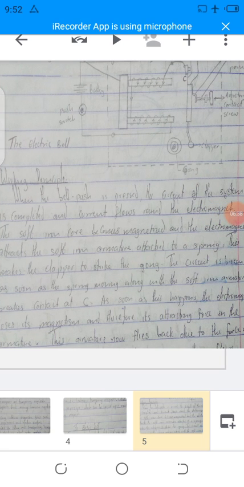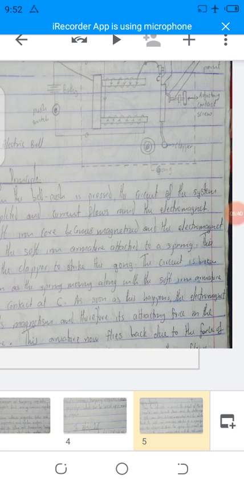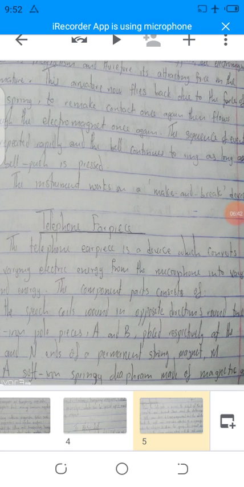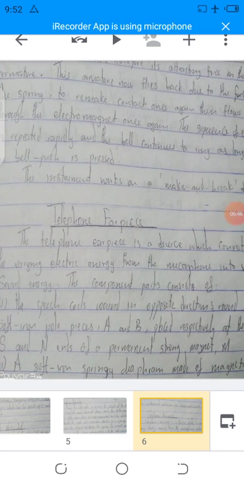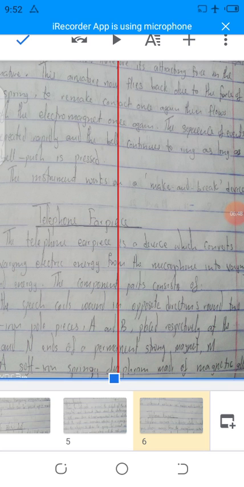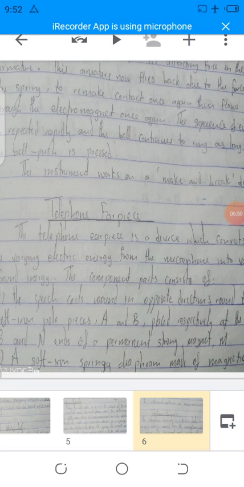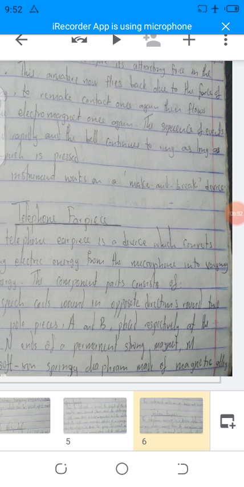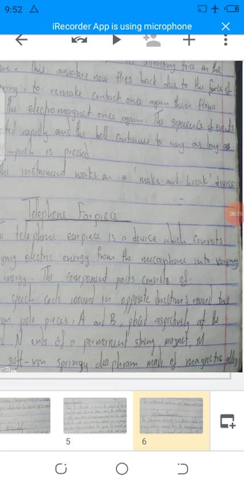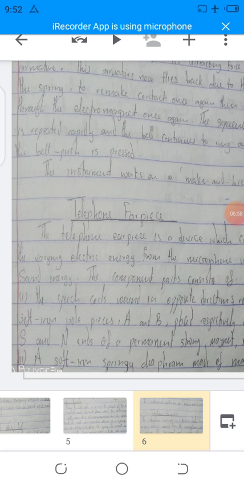This armature now flies back by the force of the spring to remake contact once again, and then the current flows through the electromagnet once again.